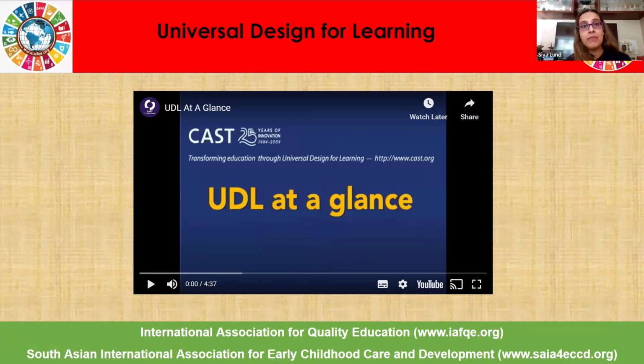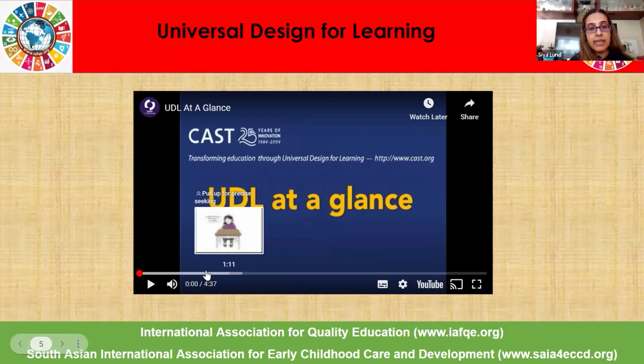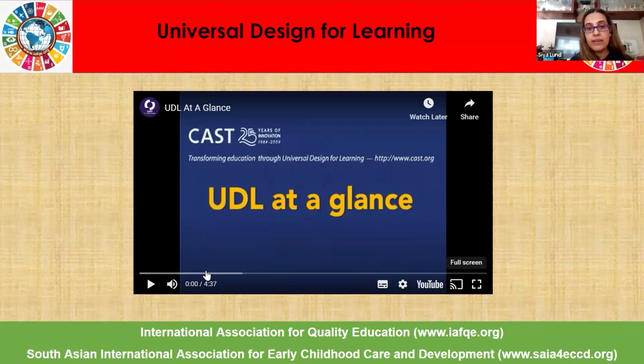Like they say, every child is wired differently. So how is a child learning if there are any special needs? How can we make our class or school environments inclusive? We'll just quickly have a glance at the universal design for learning and then move on to recognizing diverse learners in our classrooms.